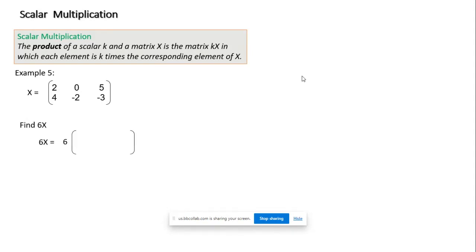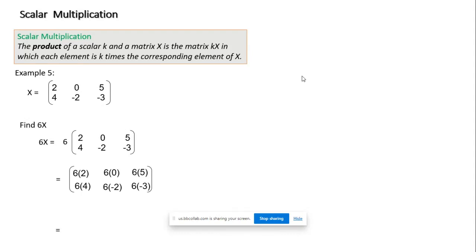So let's go ahead and do this. So this 6, I'm going to multiply this to this matrix, which is 2, 0, 5, 4, negative 2, negative 3. And what this means is that 6 is going to be multiplied to the 2, it's going to multiply to the 0, to the 5, to the 4, to the negative 2, and to the negative 3.